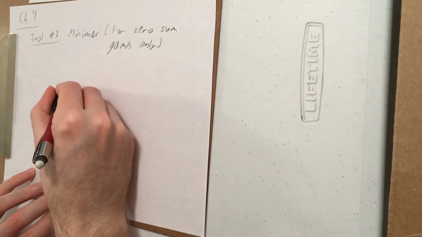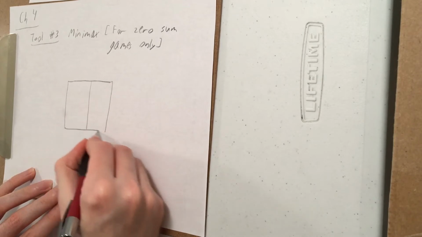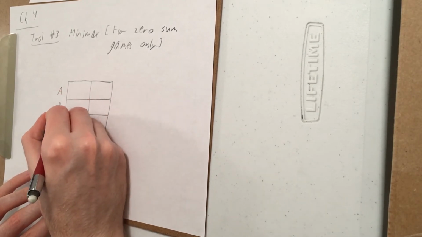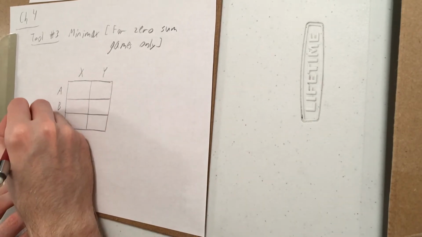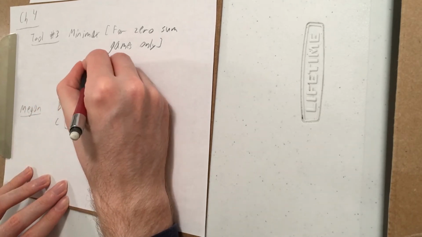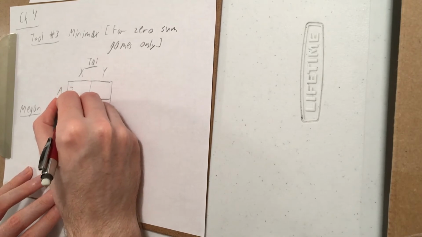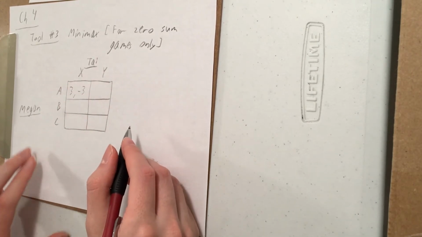So let's say we have two players playing a game, and it's zero sum, so our tool is applicable. Let's say we have Megan as our row player, and Ty is our column player. As always, the row player's payoffs come first.